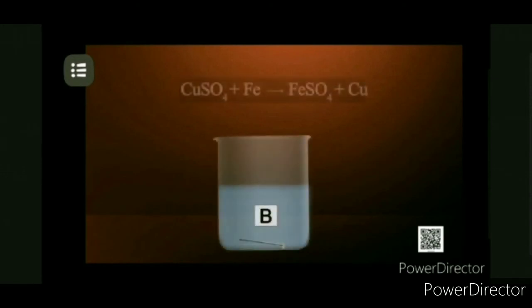Similarly, in beaker B, the blue color of copper sulphate solution turns to green. In this beaker, iron sulphate is formed in place of copper sulphate because iron displaces copper from its salt solution.